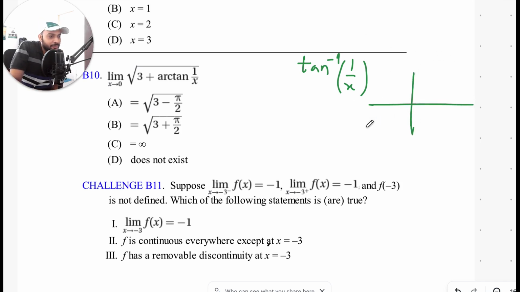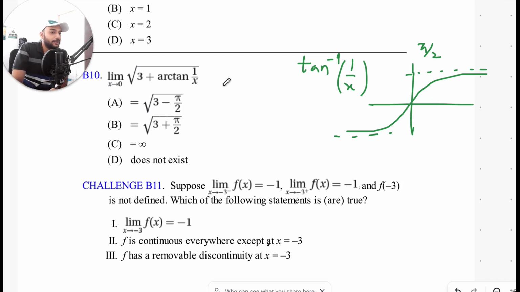Let's draw the graph of tan inverse. Tan inverse of infinity, it's asking. 1 over x, 1 over 0 is infinity. At infinity, it goes to pi by 2. The value comes out to be pi by 2. So this becomes square root of 3 plus pi by 2.